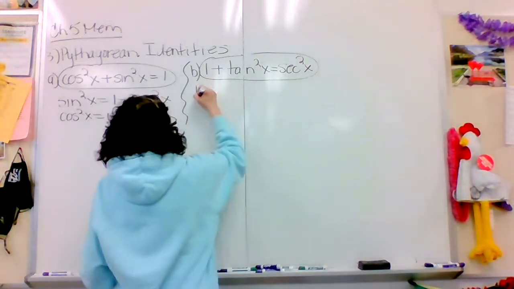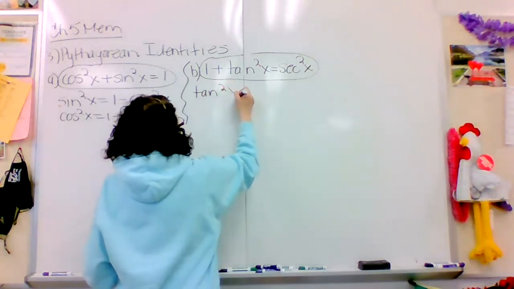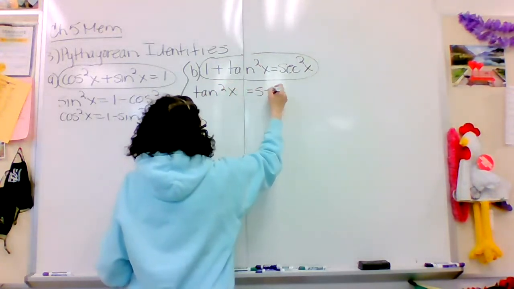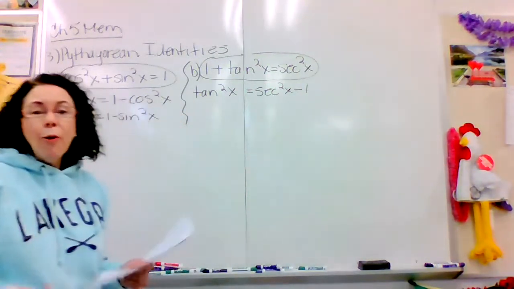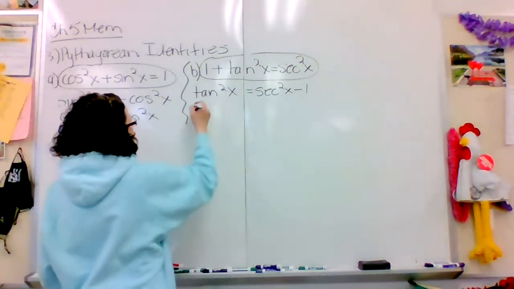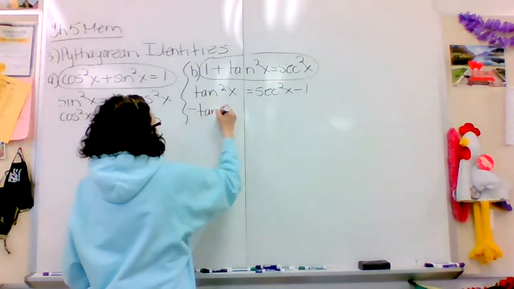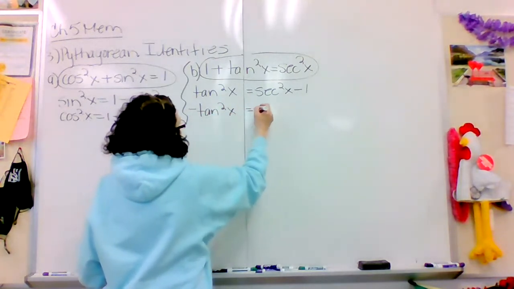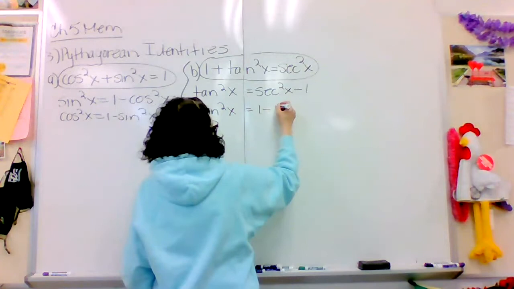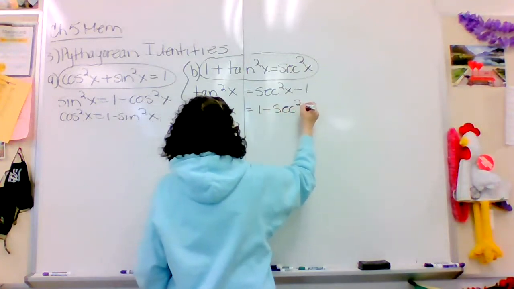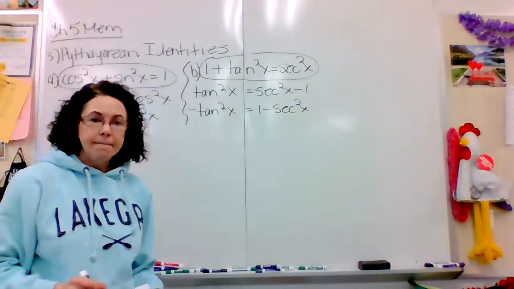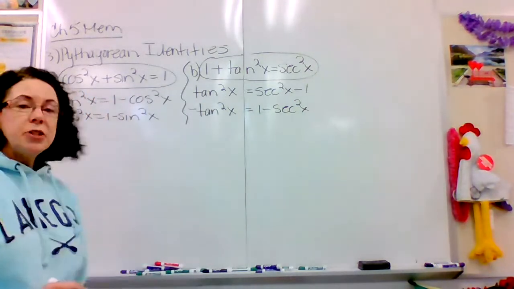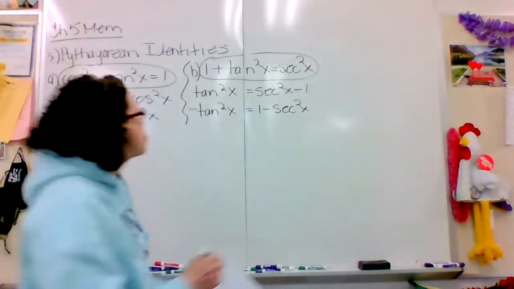If you subtract a 1 from both sides, notice you would have tangent squared equals secant squared x minus 1. How else might this appear? Notice that if you multiply through by a negative, then negative tangent squared equals 1 minus secant squared x. Are there other ways this could look? Absolutely, right? But it would just be changes from the original.